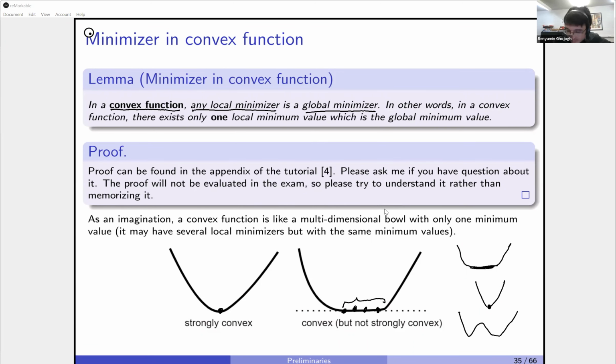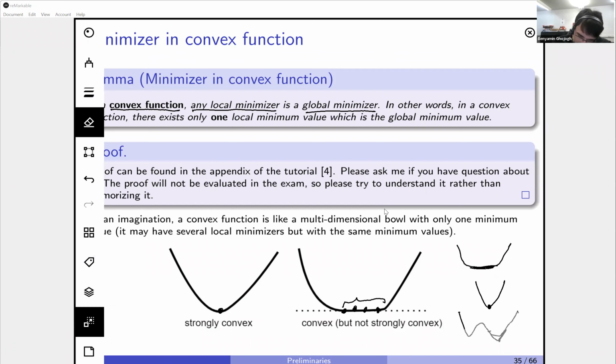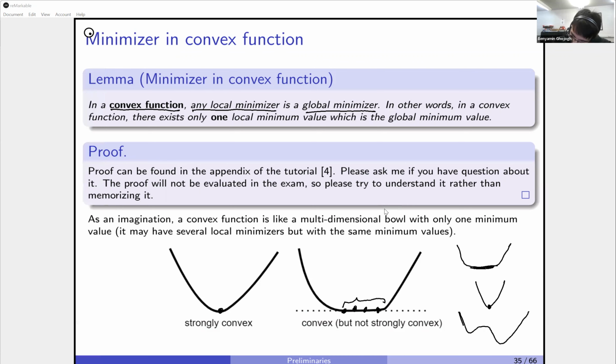If it's not convex, then for example, let me draw it in this way. Assume it's not convex. This is a local minimizer. This is a local minimizer. This is a global minimizer as well. But this local minimizer is not a global minimizer. This has happened because it's not a convex function.